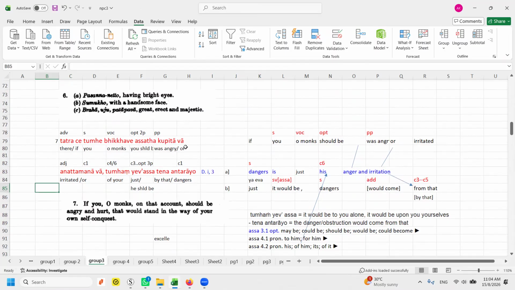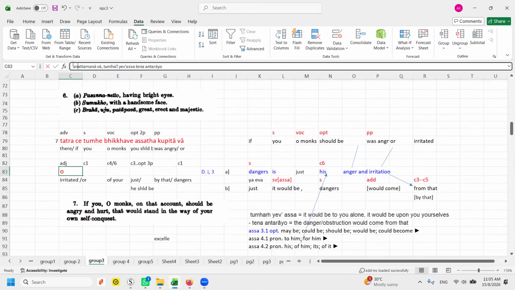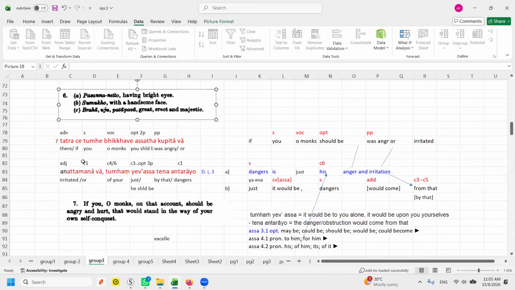Wow, this is a long A. And then you see here, AN, and you know that this is Attamana, Anattamana. Tumhakam, this one is more appropriate. Yeva asatena antarayo. Okay, now how do you do it?